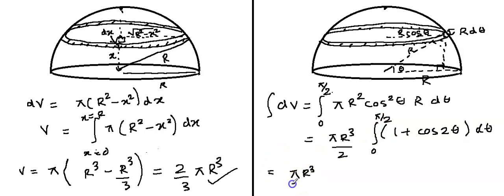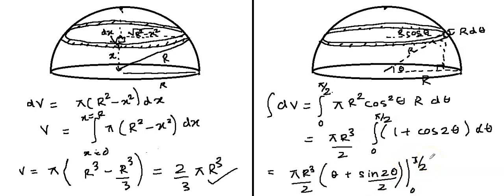That gives pi r cube by 2 times theta plus sine 2 theta by 2, from 0 to pi by 2, and that is pi squared r cube by 4, which is clearly not the expression we've been hearing all of these years.